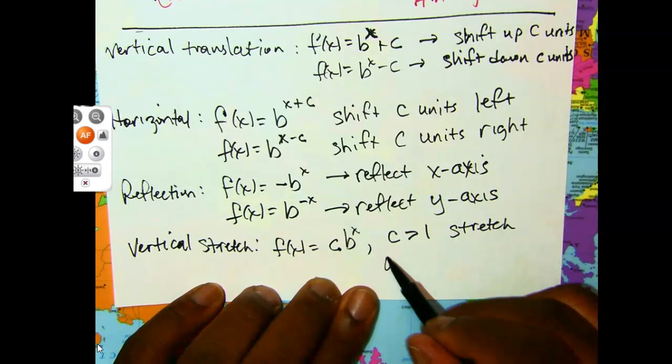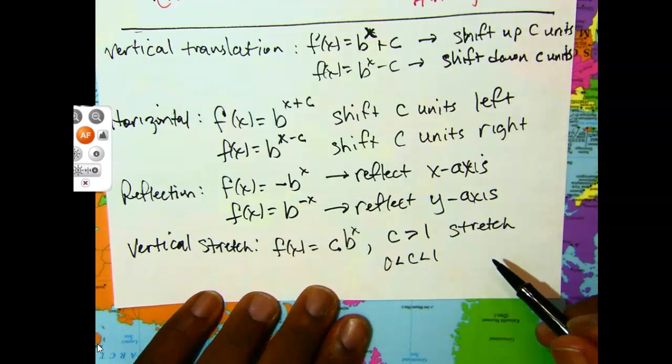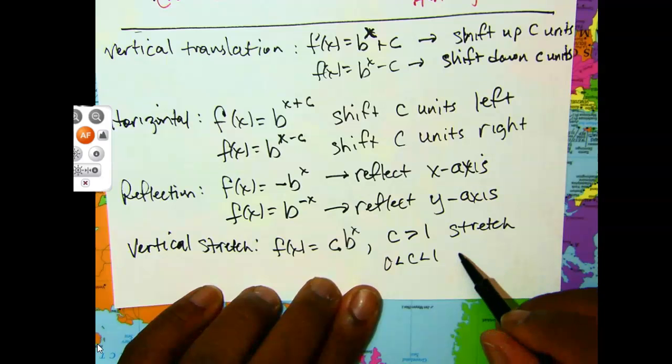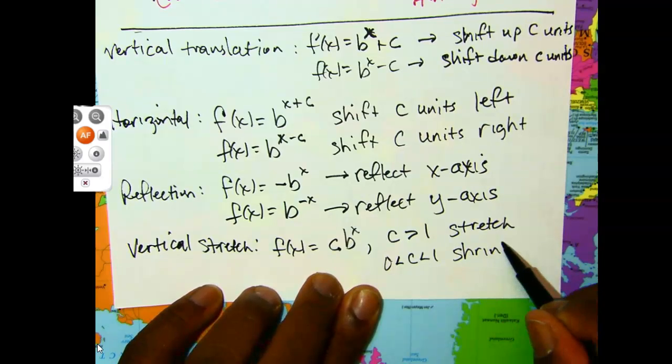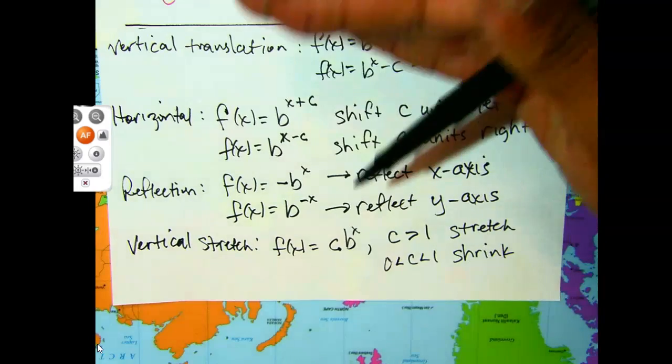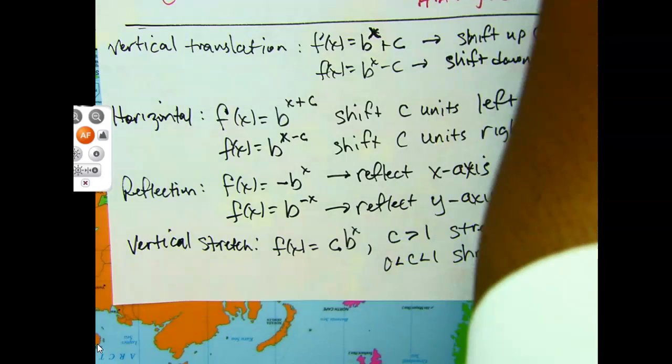But if c is in between 0 and 1, so c is greater than 0 and less than 1, you have a shrink. That's a vertical shrink. So just think about all of your y values just coming down. Vertical shrink. Okay.